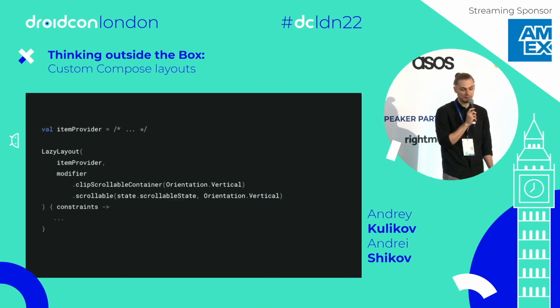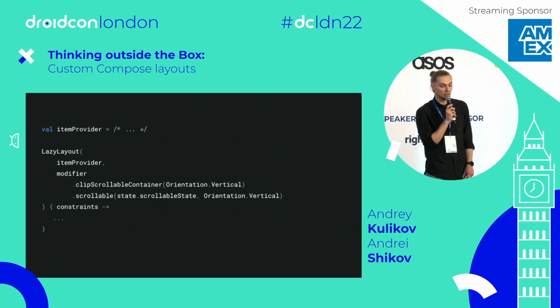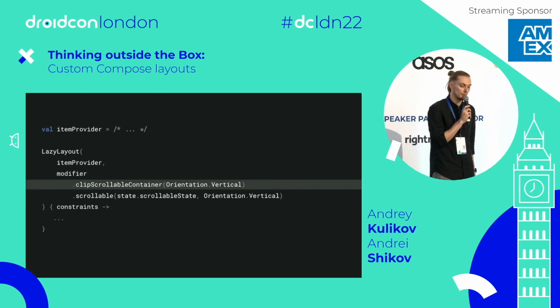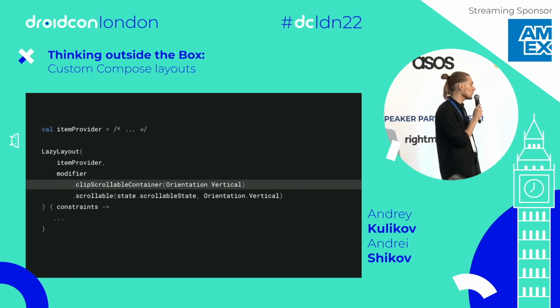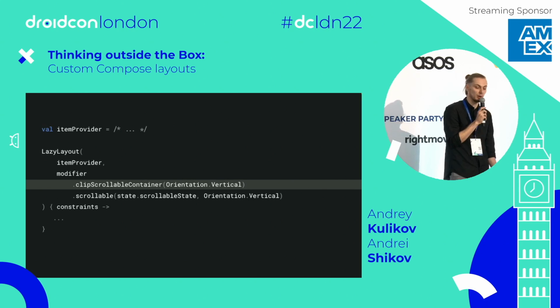Okay, now we will start using it. Basically, we call lazy layout. We provide item provider here, but we need to apply a few modifiers. The first one is called clip scrollable container. As you probably know, layouts in Compose do not clip by default, but here we want to never display anything outside the bounds.